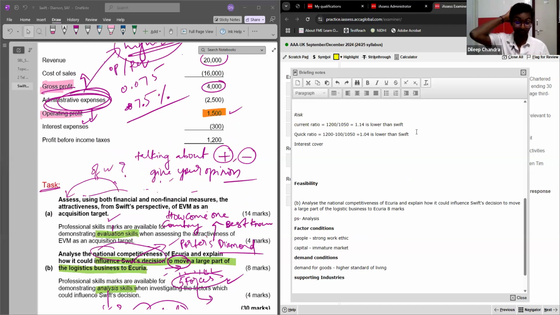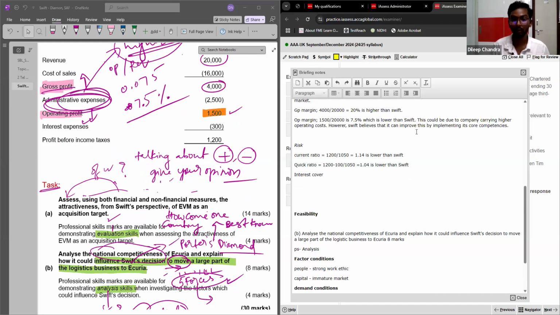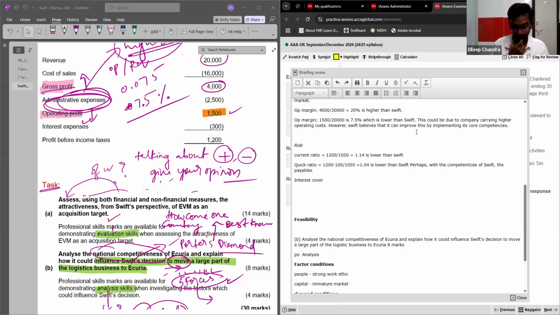So it is lower than Swift, right? So we can say that, what else can we say here? We need to improve these ratios, current ratio and quick ratio. So I'll say that perhaps with the competencies of Swift, the payables can be made prompt.